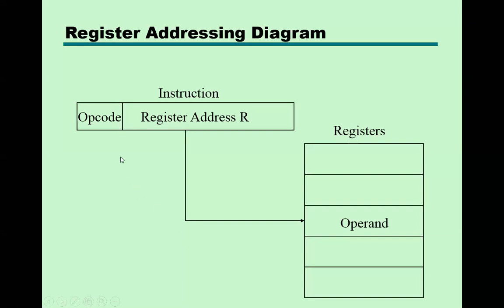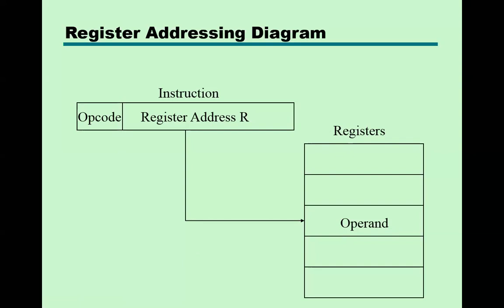Register addressing mode: opcode, register address, and here is the register holding the operand. In unit number 1, we already discussed that on your processor, different registers are available.